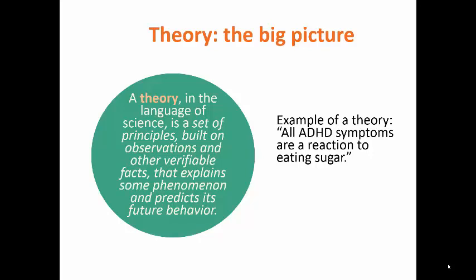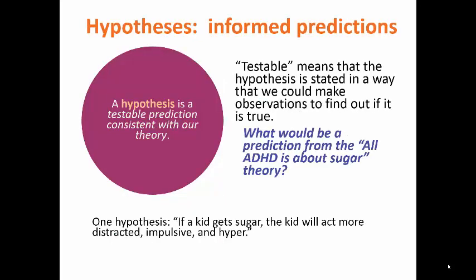People have already hypothesized various things, but you combine different literatures and different bodies of research to develop your own theory. It may also be based on your personal experience. Nobody may have studied this yet, but you have several theories as to why something takes place. One example of a theory is that all ADHD symptoms are a reaction to eating sugar.